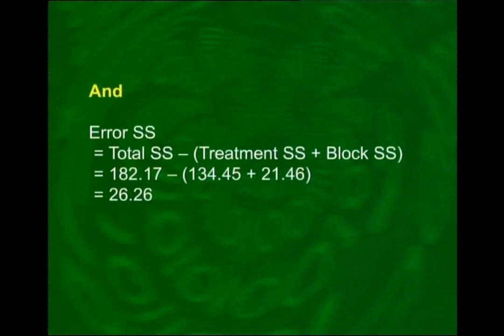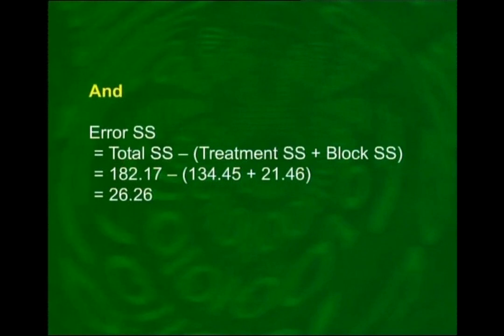Having computed the total SS, the treatment SS and the block SS, students, the error sum of squares is given by the total sum of squares minus the sum of the treatment sum of squares and the block sum of squares.